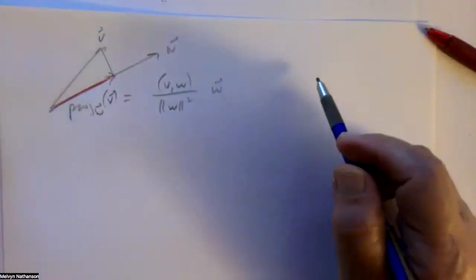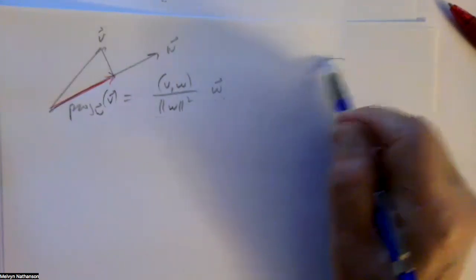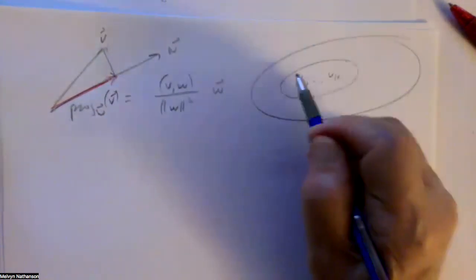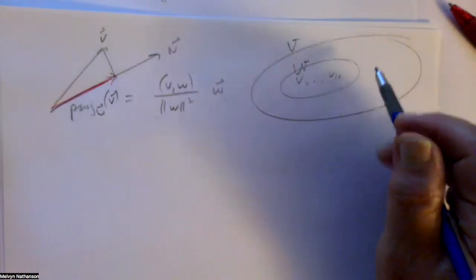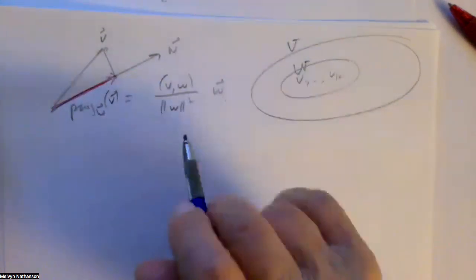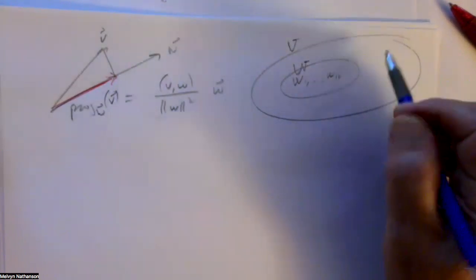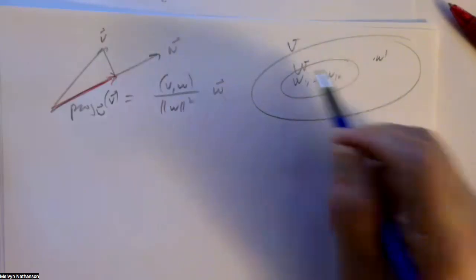So this was the formula that we proved in the previous lemma for the projection of v in the direction of w. Now, in this case, we have vectors w1 up to wk in a subspace w, inside a vector space v, and a vector w prime in v but not in w.